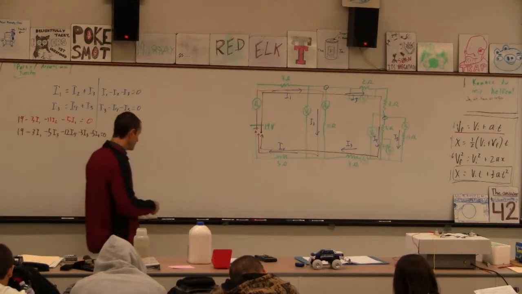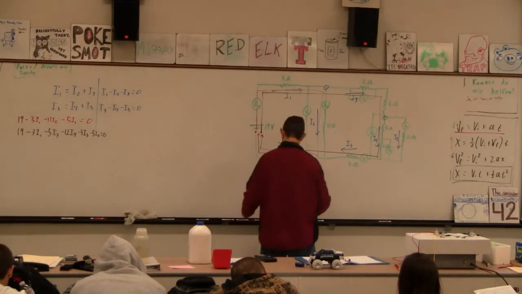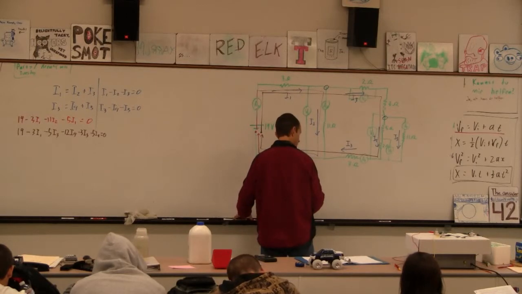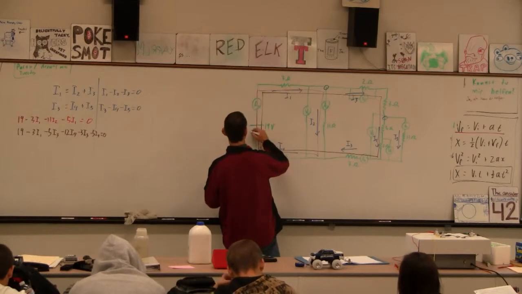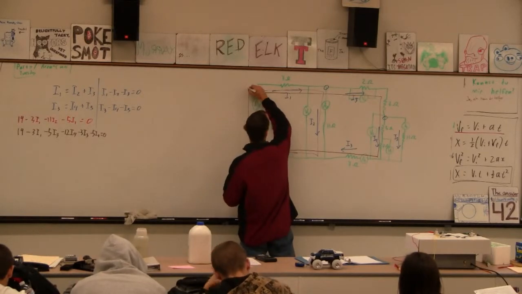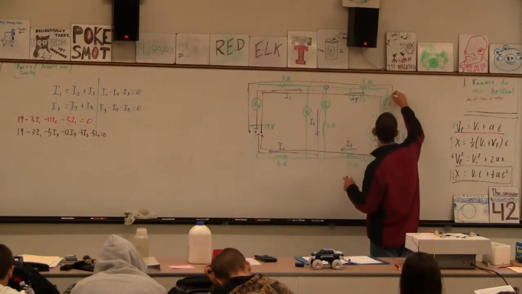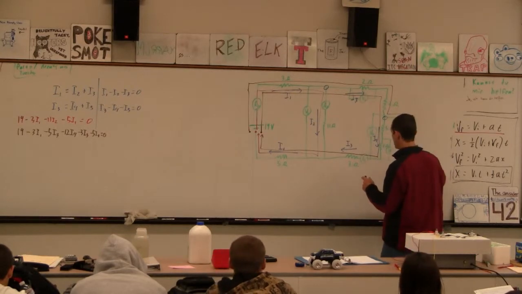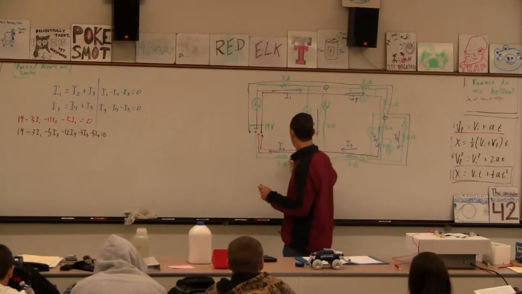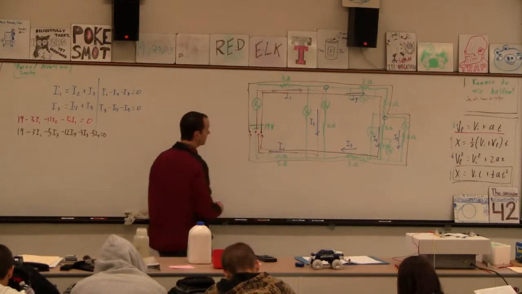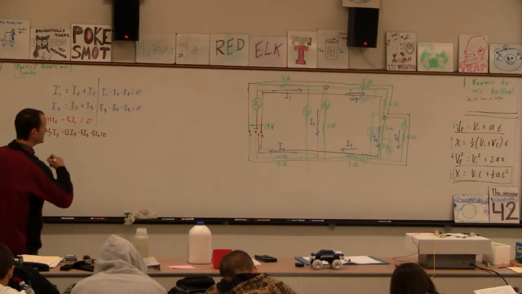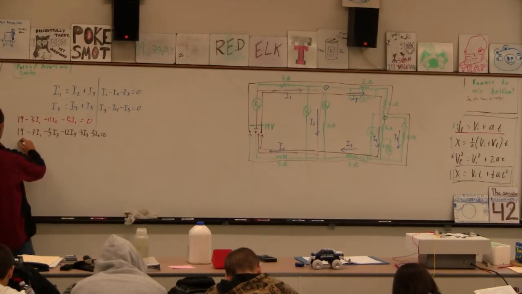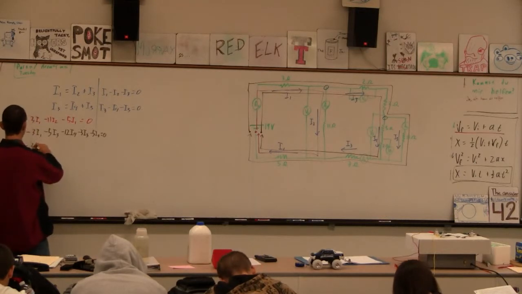Okay, and then our final loop I will do in, I need a snazzy color. How about just black? I haven't used black yet. Okay, so this final loop is going to start here, go boop, boop, boop, Betty boop, boop. Like that, right? Okay, so again, the first thing I did was I went up 19, and then minus 3I1.